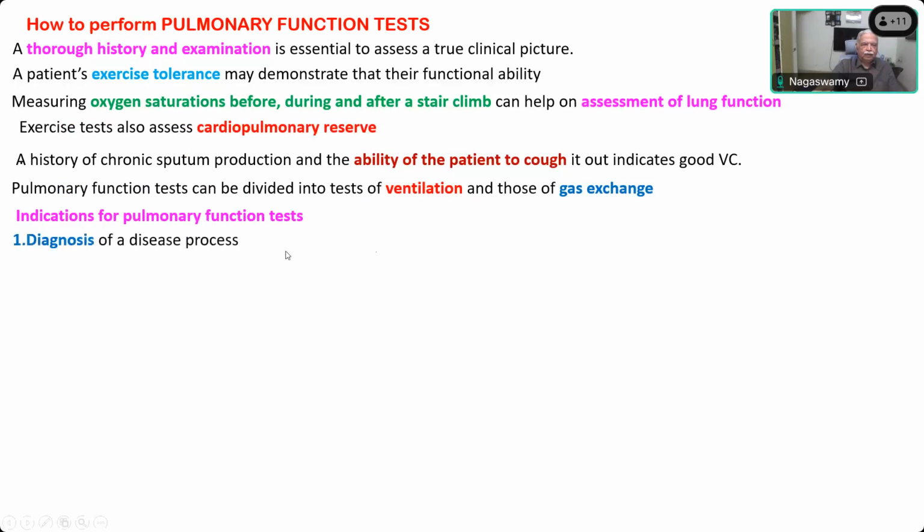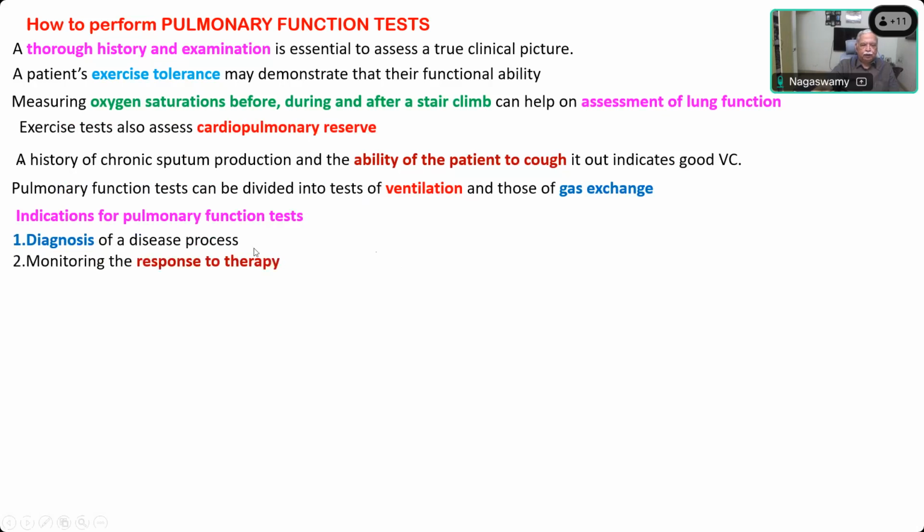Whenever you are in doubt whether it is an obstructive disease, a restrictive disease, or a mixed disorder, when you cannot make it out clinically, you can do a pulmonary function test to diagnose the disease, number one, or you can do it to assess the response to therapy.